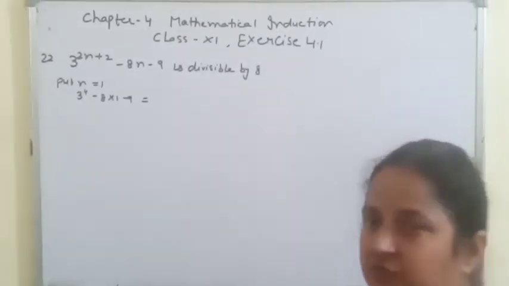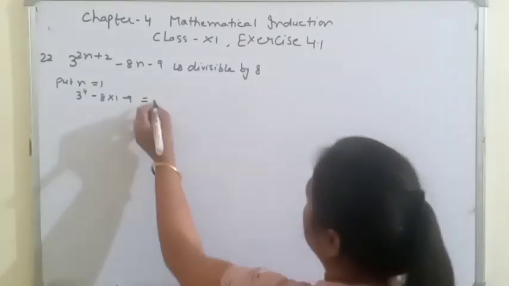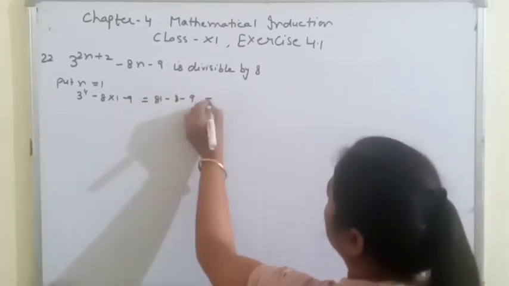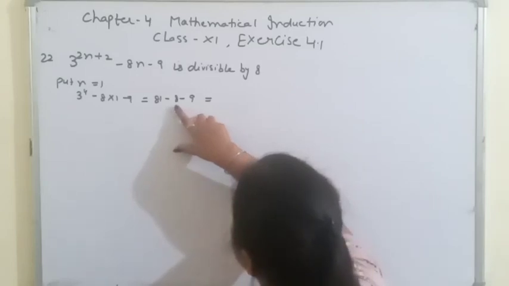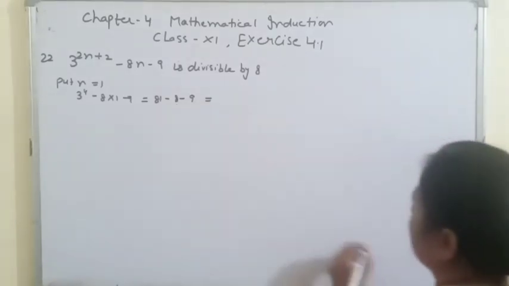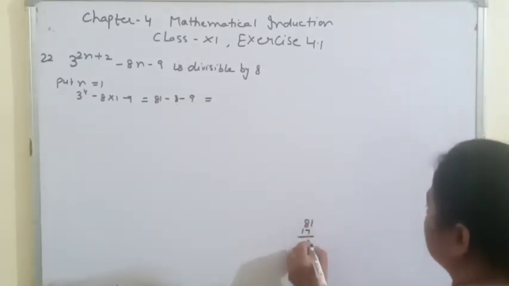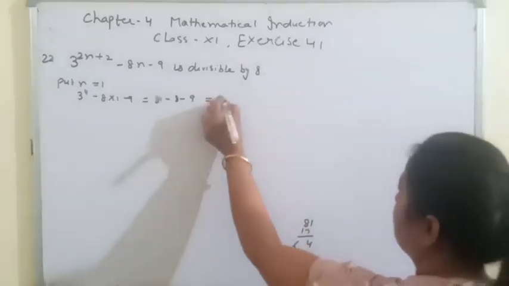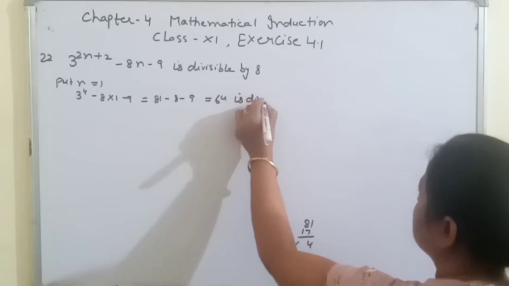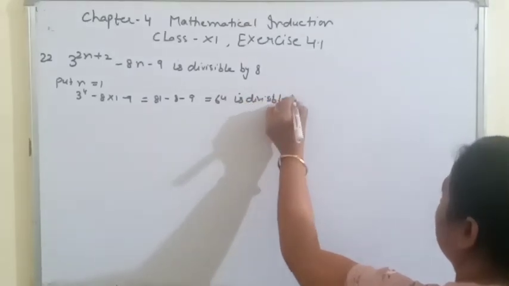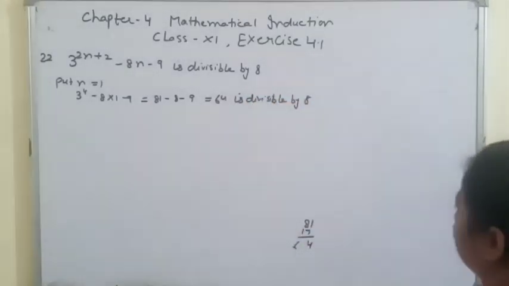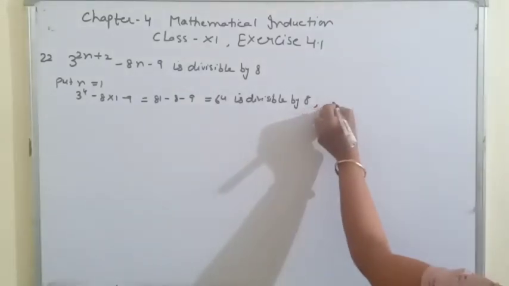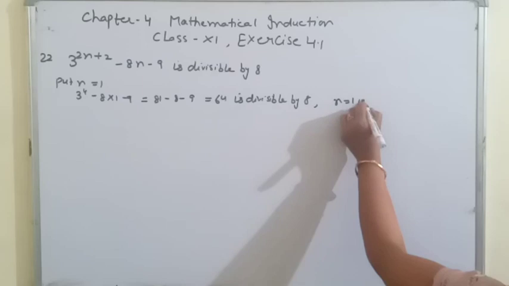So 81 minus 8 minus 9: 8 plus 9 is 17, and 81 minus 17 is 64. So 64 is divisible by 8. So the statement is true for n equal to 1.